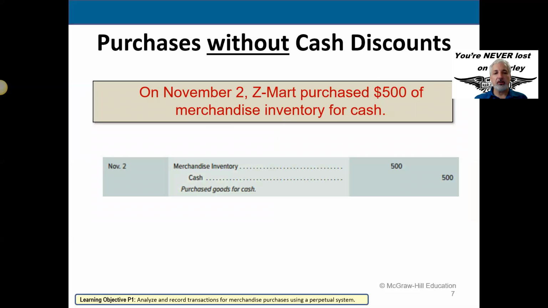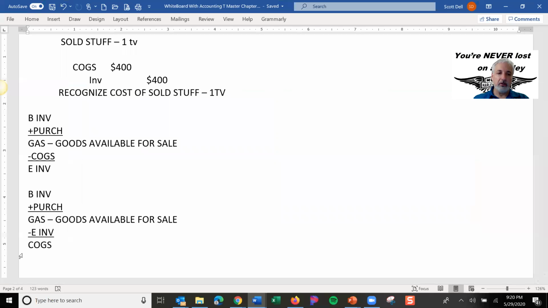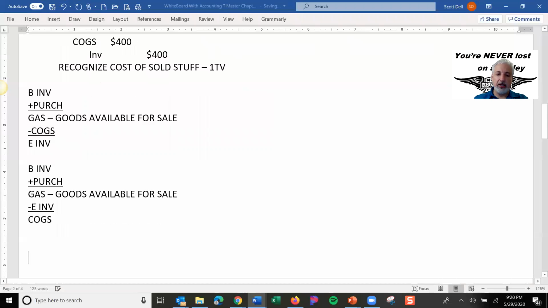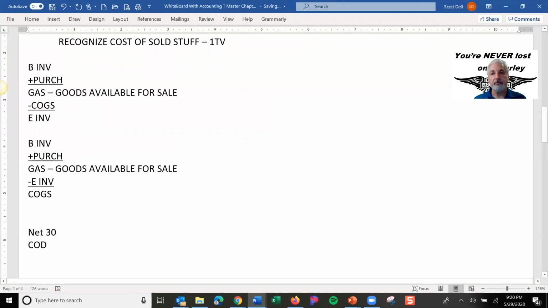Then we have something called cash discounts. Let's talk about discounts. Let's talk about a terms code. All right. So you might see terms like net 30. Okay, that means in 30 days, money's due, pay up. Net 15, net 5. You might see COD, cash on delivery, net 0 basically.